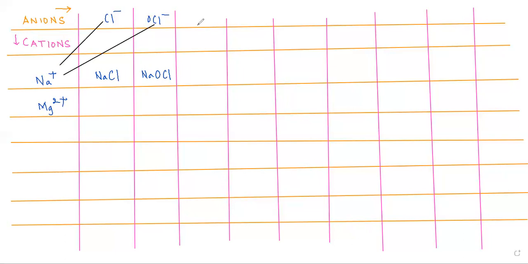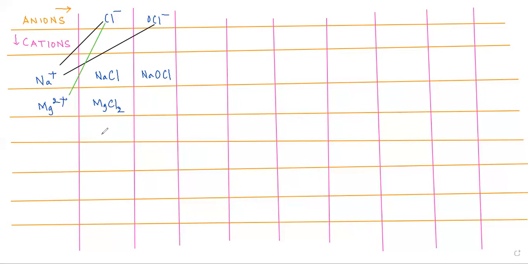Coming to Mg plus 2 thing. Mg plus 2 with this. What do you get? Come on. The formula of the compound formed from Mg plus 2 and Cl minus. Hope this is clear. The valency of magnesium is 2 and the valency of chlorine, Cl minus, is 1.